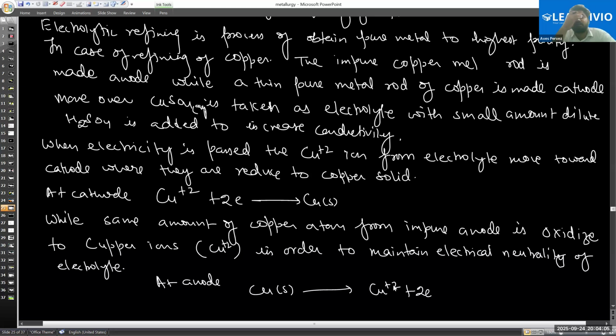And if you are refining copper, which type of electrolyte are you going to take? Will you take copper sulfate or something else? So this type of questions are going to come. So you must know properly why, if one copper ion is converted into copper solid at cathode, the same amount of atoms come from anode, in order to maintain electrical neutrality.